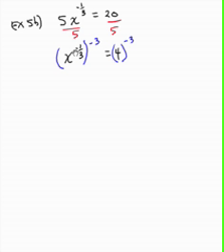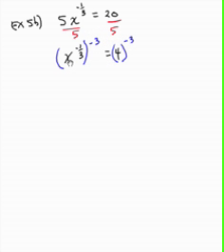And of course, I'm going to use my property of reciprocals. If I multiply 1/3 times 3, that will give me 1. And of course, negative times negative is positive. But be careful, I am not multiplying both sides of the equation by -3. I am raising both sides of the equation to the -3rd power.